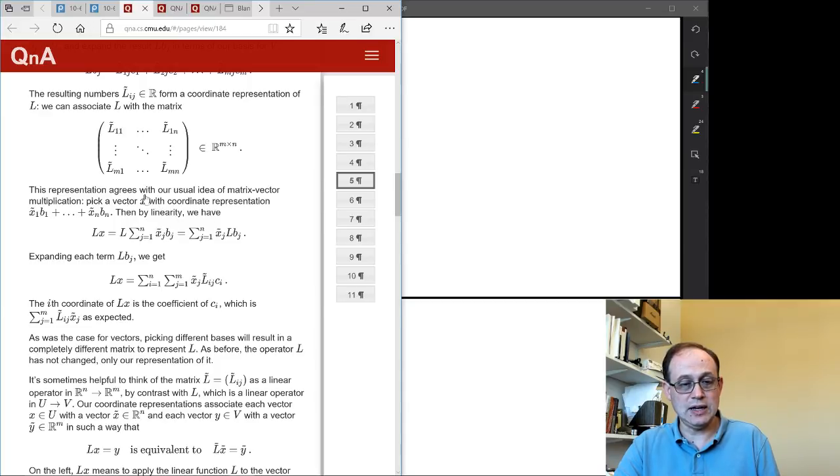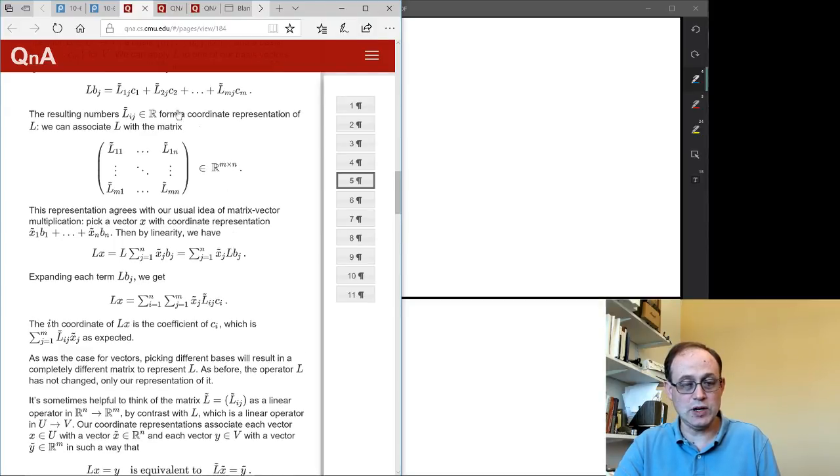We know that x has a representation, which is the sum of x tilde j times bj. And then by linearity, we can move the linear operator L inside the addition and scalar multiplication. And so we get the sum from j equals 1 to n of the scalar x tilde j times L bj. And then we expand L bj, since we know the equation for L bj.